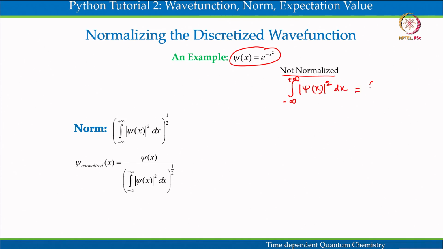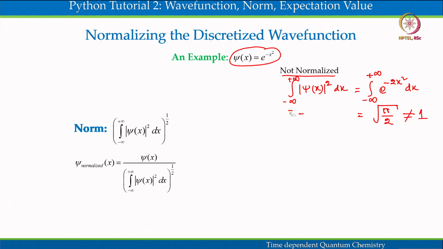This integration is going to be minus infinity to plus infinity e to the power minus 2x square dx. This is nothing but square root of pi by 2. This is the standard Gaussian integral which we have been using in this course on many occasions. If it is a normalized wave function, then this integration should have given me 1, but because it is not giving me 1, it is not normalized.